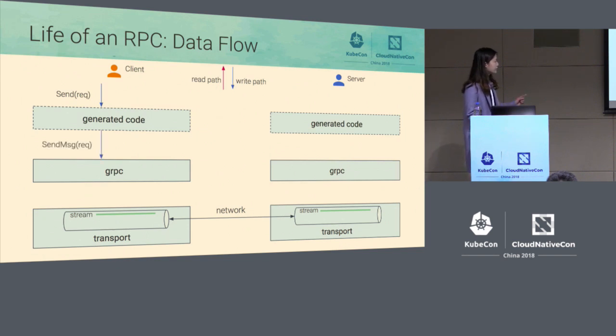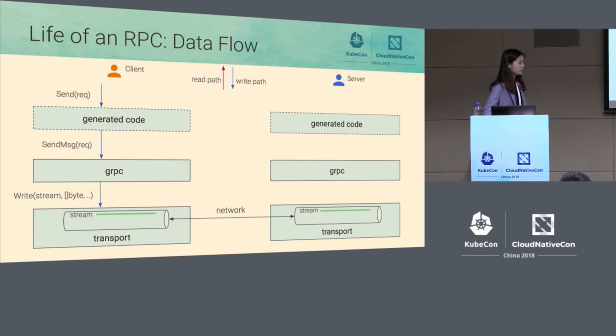And then the generated code will call the send message on the gRPC layer provided API. And gRPC here will do the compression and encoding, and then it will call the transport layer write on the stream with the raw bytes to be transmitted on the network.